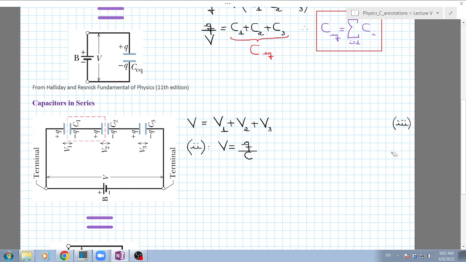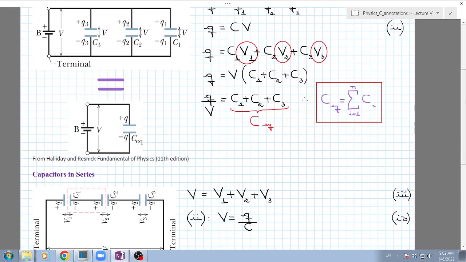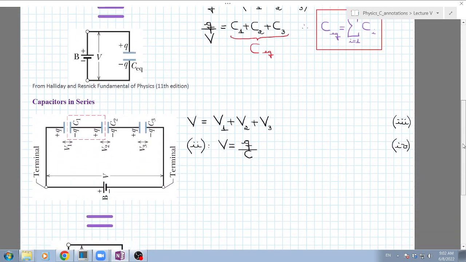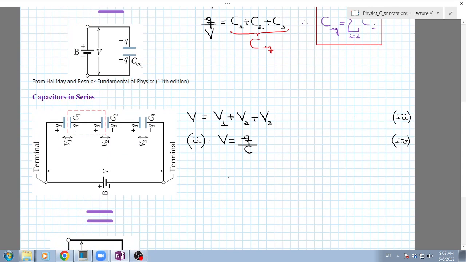I'm going to use this equation to rewrite equation 3 in terms of equation 4.